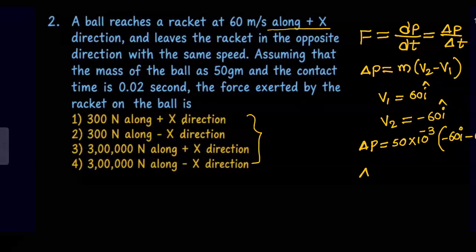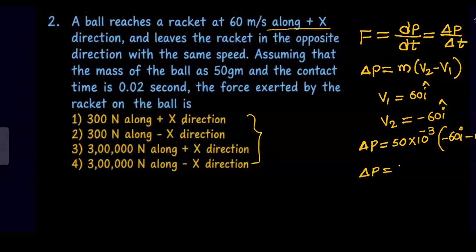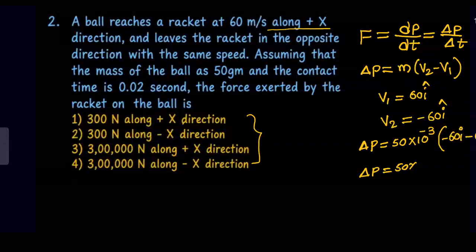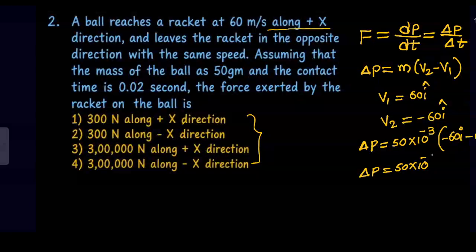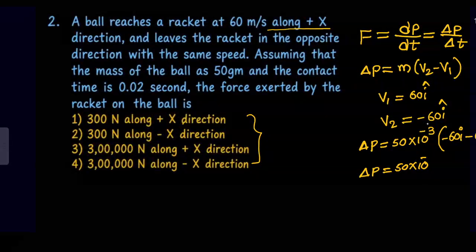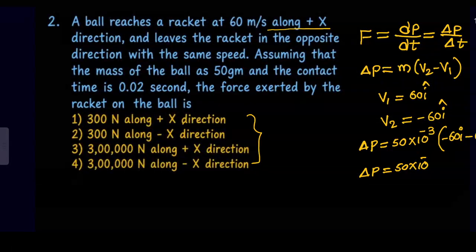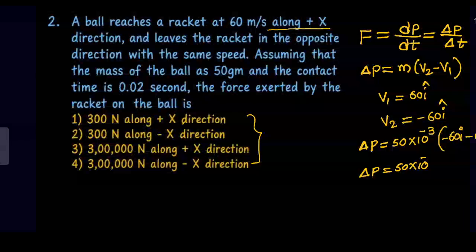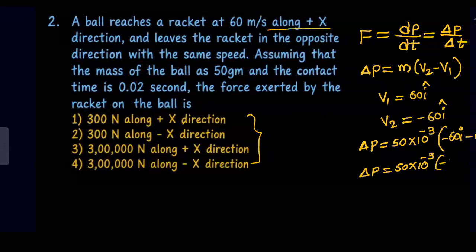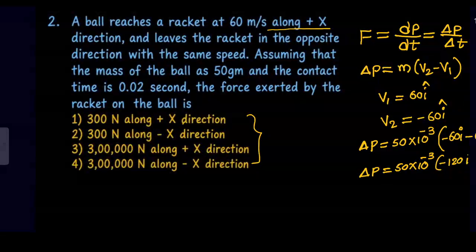So how much will the delta P come to? Which is equal to 50 into 10 power minus 3 into minus 120 I cap.